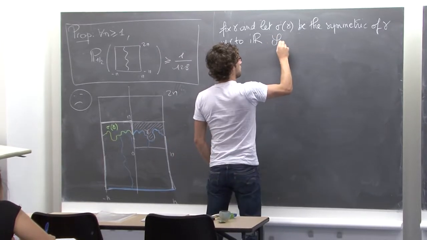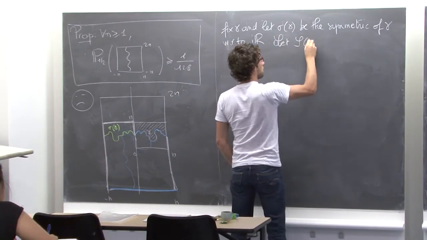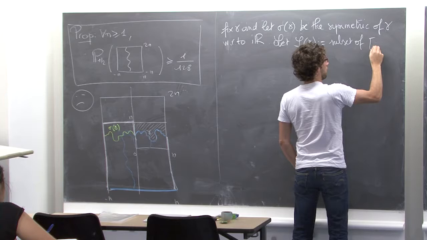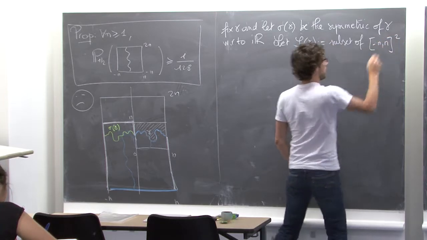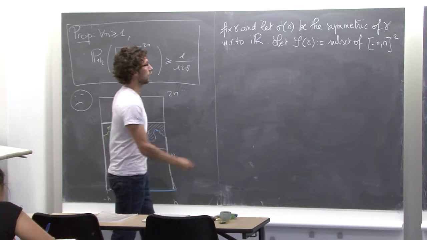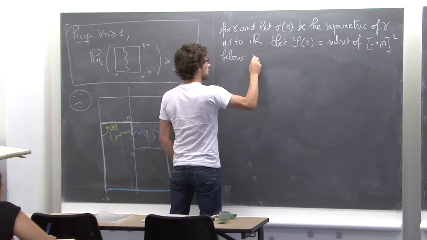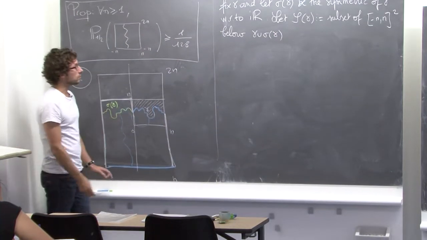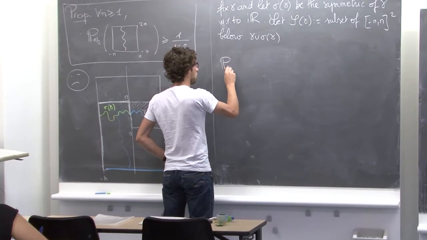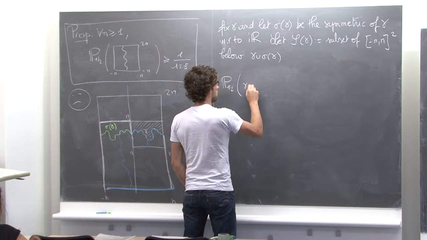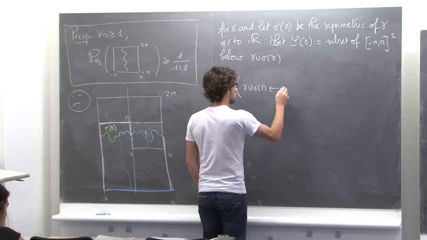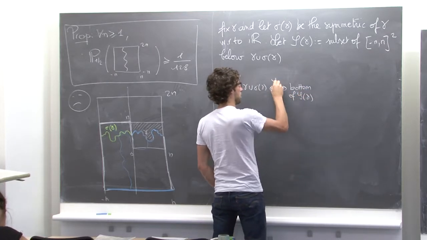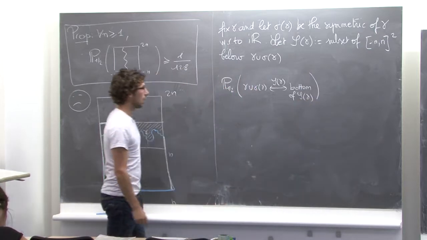And let S of gamma be the subset of [-n,n]² below gamma union sigma of gamma. So I take this set which is below. What is a lower bound on the probability at 1/2 that gamma union sigma of gamma is connected to the bottom of S of gamma in S of gamma?